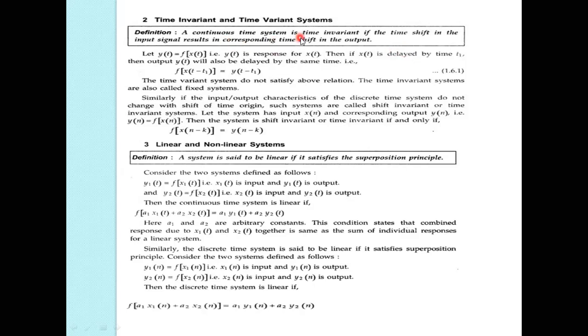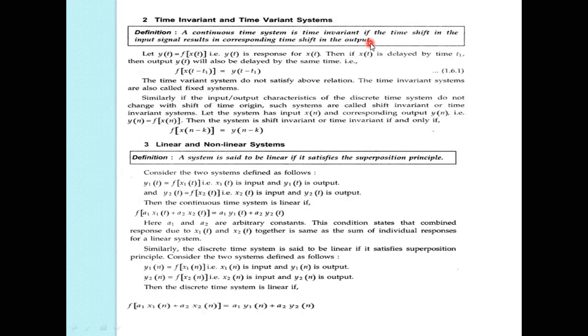A continuous time system is time invariant if the time shift in the input signal, meaning the students being delayed, causes a corresponding time shift in the output, meaning the class timing also changes. Time variant means you are following as per the times only. If the input is shifted and the output is also shifted, we can call it time invariant.